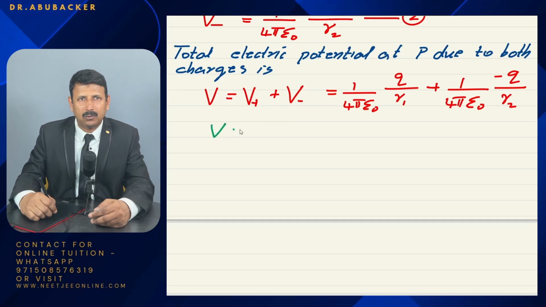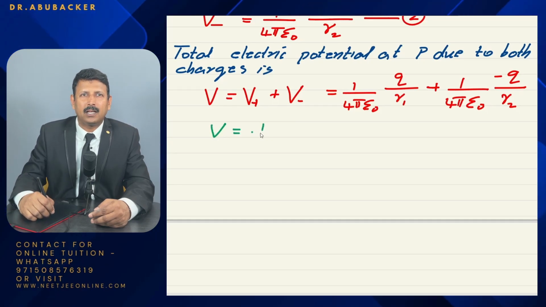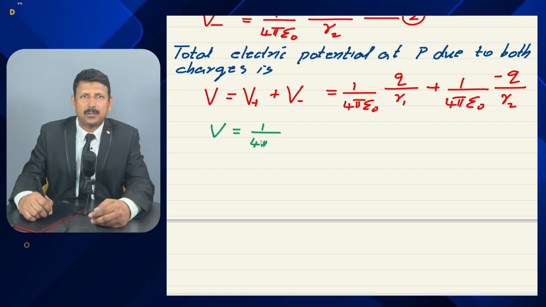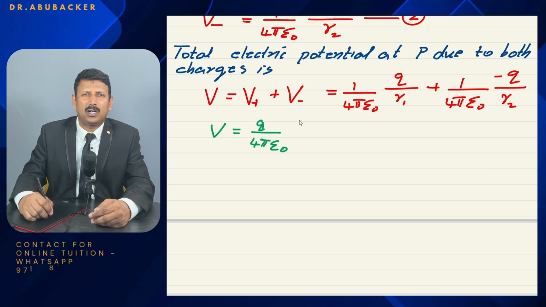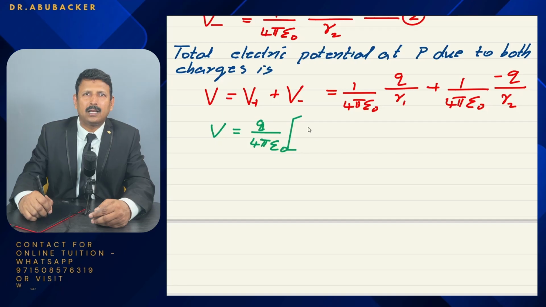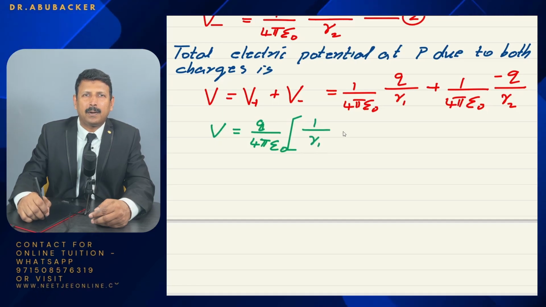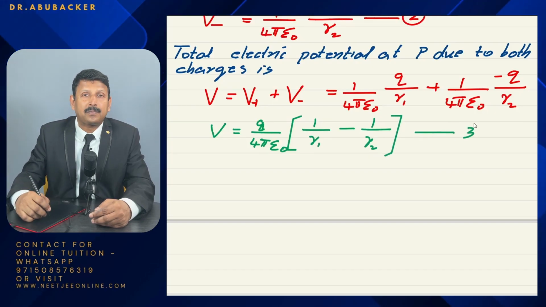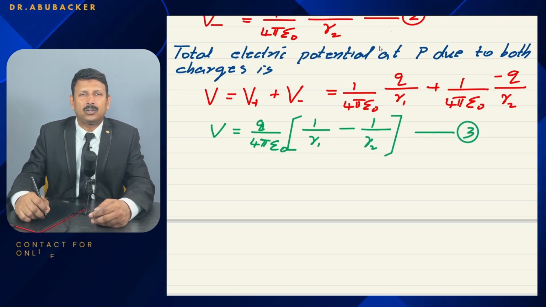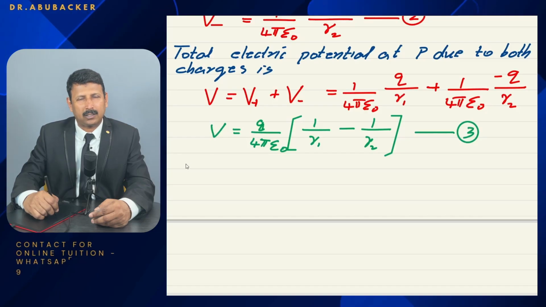So V is equal to 1 by 4 pi epsilon 0 times q, open the bracket, what is left: 1 by r1 minus 1 by r2, close the bracket. Equation number 3. Now this is the time to write r1 and r2 from the diagram.